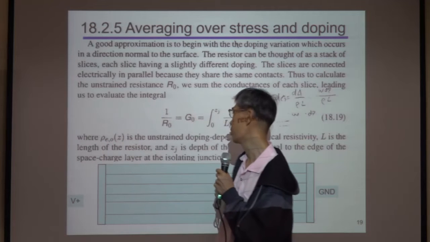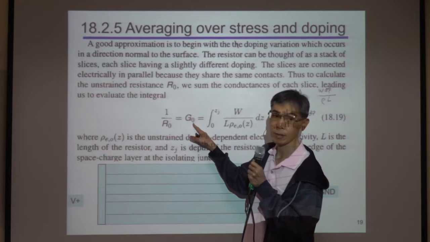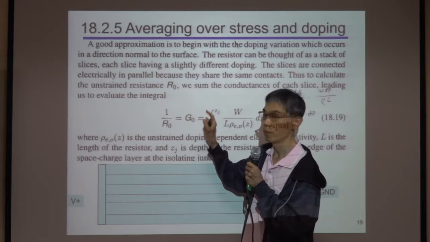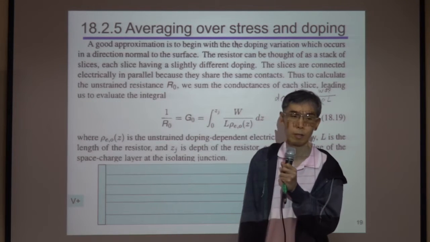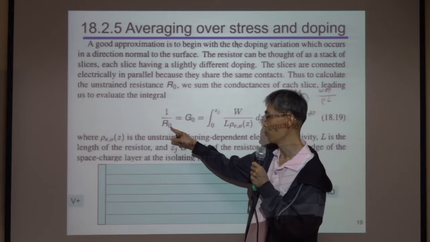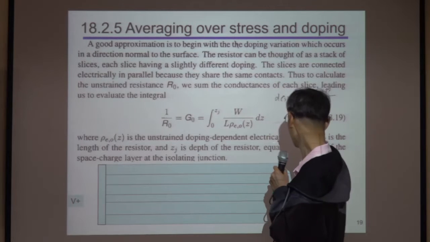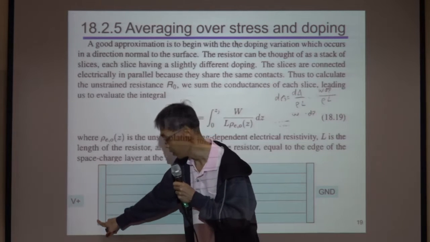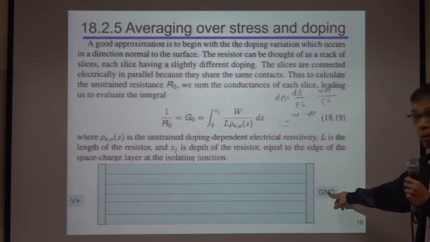So rho of Z. Then we have this conductance, and this is resistance. One over resistance equals conductance. Zero means no stress, no sigma, so we have the original value. But remember, we have voltage applied to this end and this end is ground.